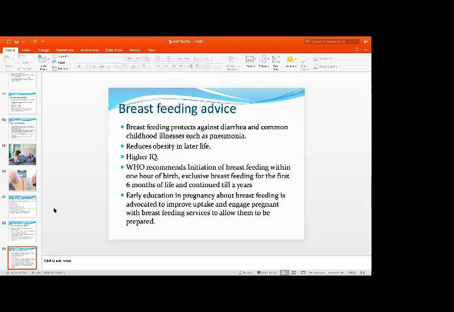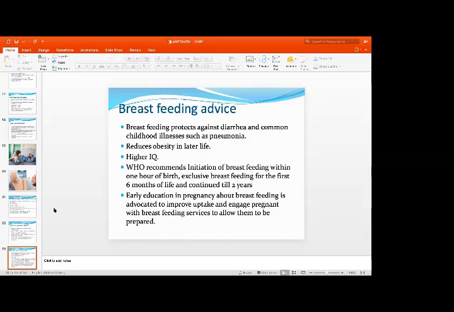The colostrum, which is the initial feed coming soon after the delivery, the yellow fluid, contains an excessive amount of immunoglobulins. And when these immunoglobulins are taken by the baby, it will protect the baby from these diseases, diarrhea and other illnesses like pneumonia. So another benefit is it reduces obesity in later life.